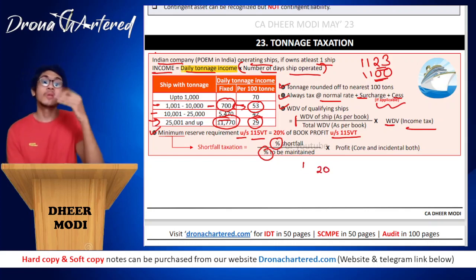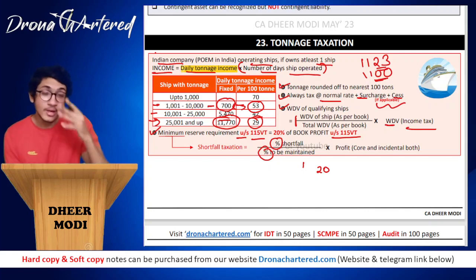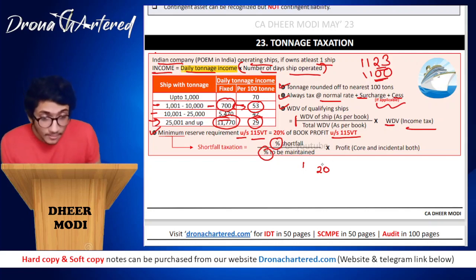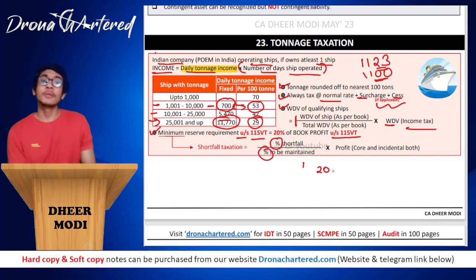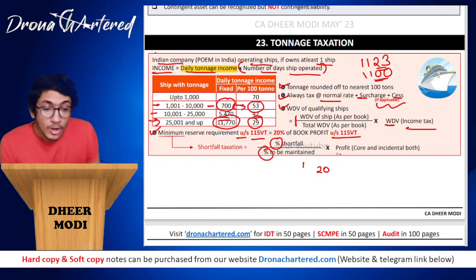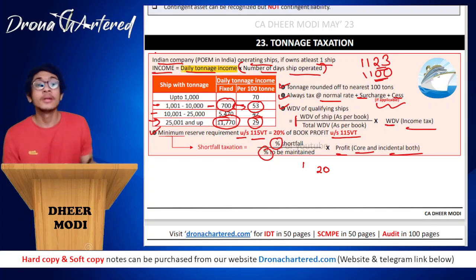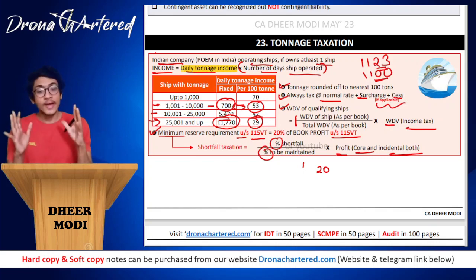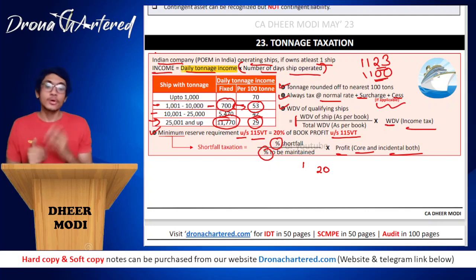That means you fell short by 1 by 20, which is nothing but 5 by 100, multiplied by profit. You will multiply it by the profit, both core and incidental. Your core business and any incidental profit, everything you add, and multiply by that. By this you will get the shortfall taxation.